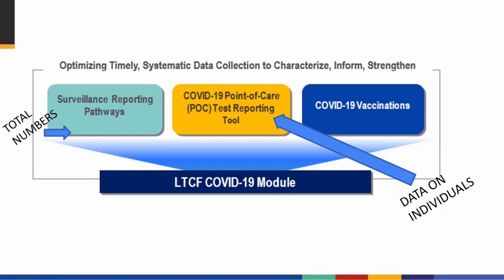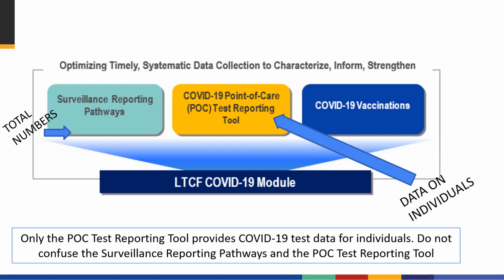While the resident impact and facility capacity pathway does collect data about numbers of tests performed and numbers of COVID-19 positive residents and staff, these are only total numbers or summary data, as it's sometimes called. Personally identifiable data, such as the person's name and contact information, are not collected.